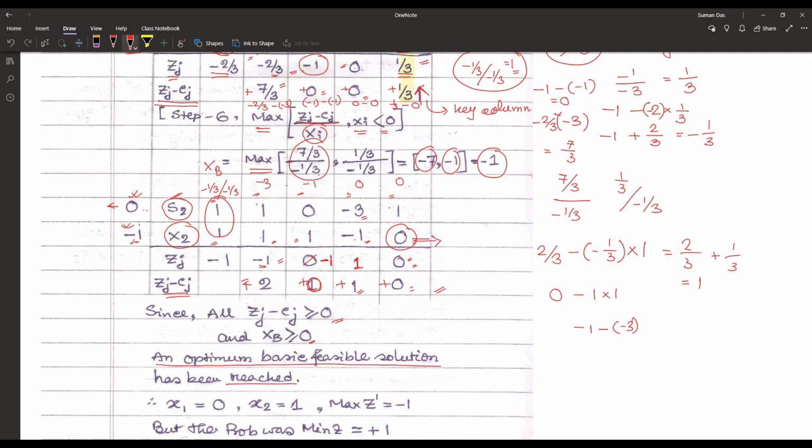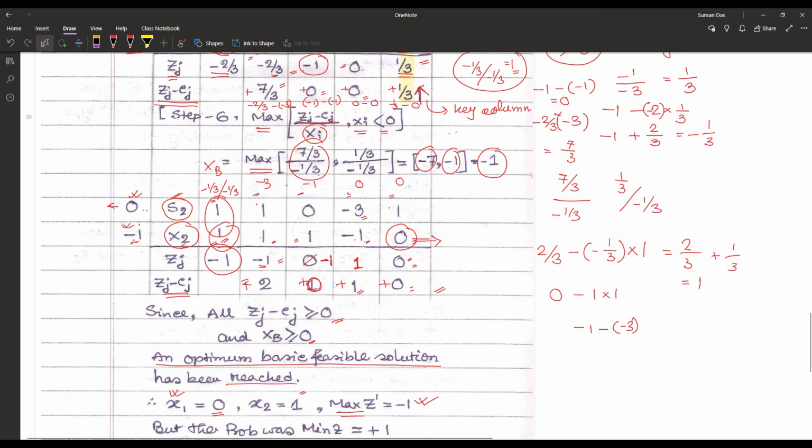According to that, x1 is equal to 0, x2 is equal to 1, and the maximization of z1 is equal to minus 1.